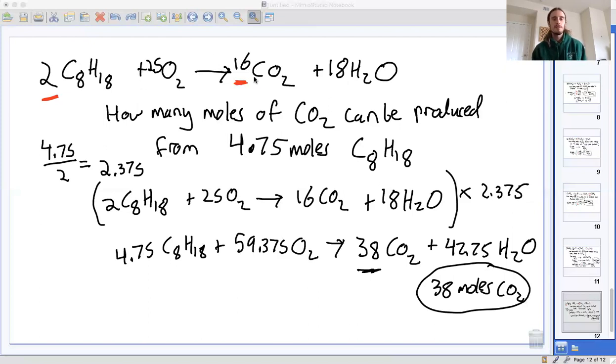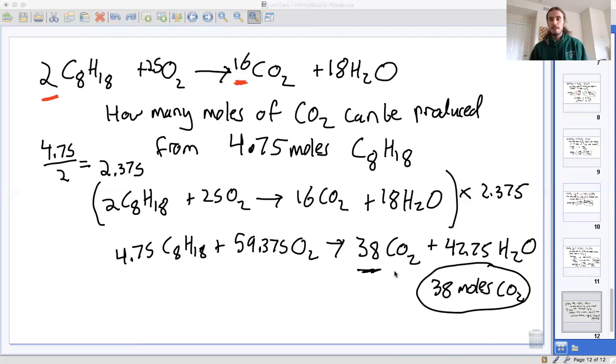I had a recipe for making CO2 from 2 moles of octane, and that gave me 16. And instead of starting with 2, I started with 4.75, which means that I had to multiply my recipe by this factor. And that gives me 4.75 moles of octane, and that ended up leading me to 38 moles of CO2.